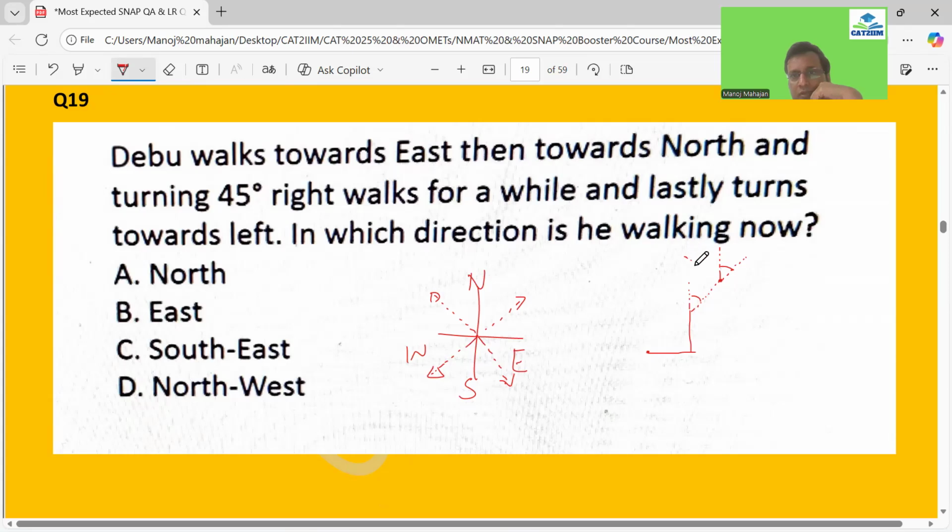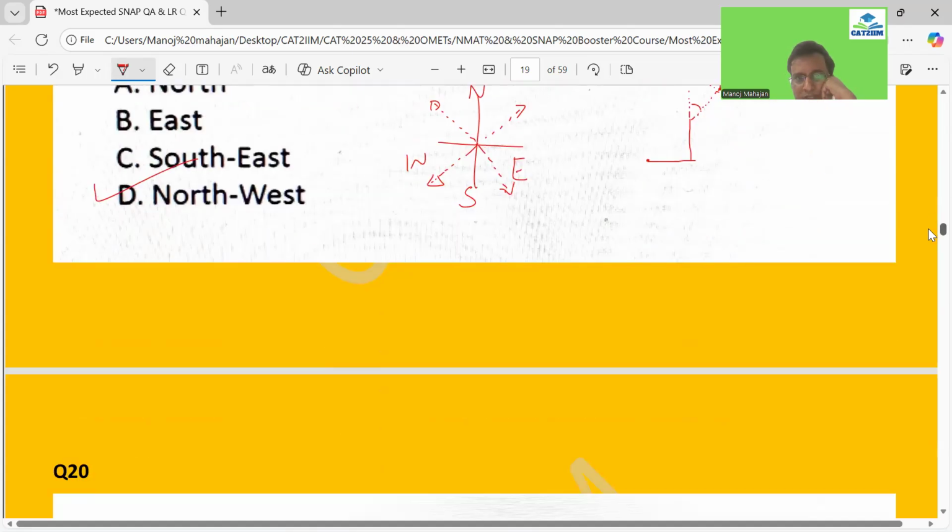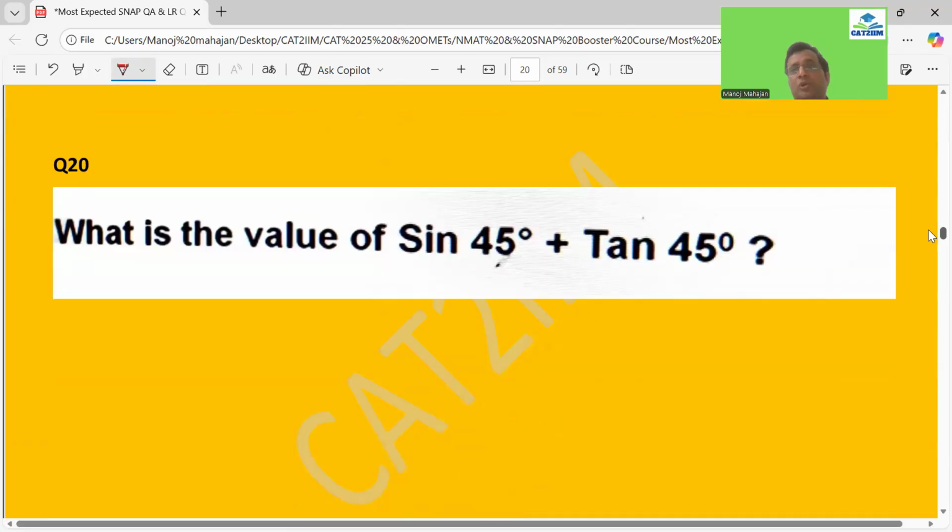And again, if I do 45 over here, this would be the direction, right? So this is nothing but, can I say, northwest. So direction questions you can definitely expect in the SNAP paper, right? Why would you leave such a question?